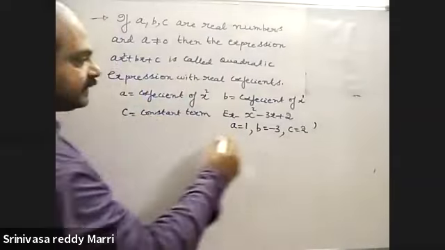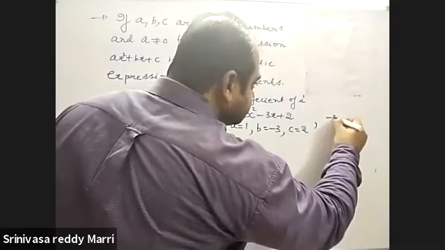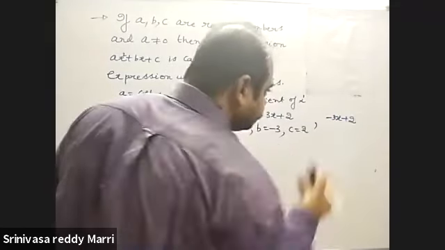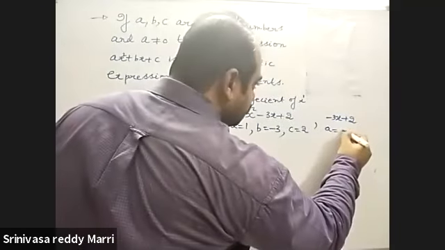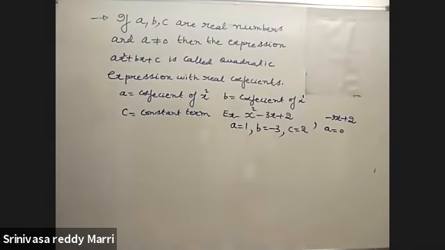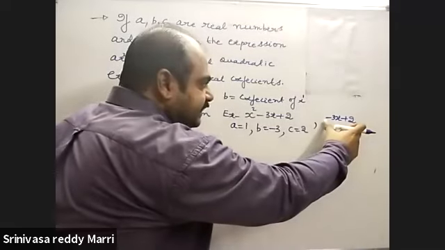Suppose a becomes 0, let us say minus 3x plus 2. If a becomes 0 here, this will be no more a quadratic expression. This is just a first degree expression.